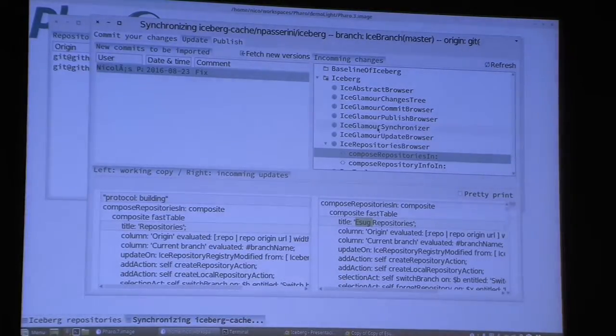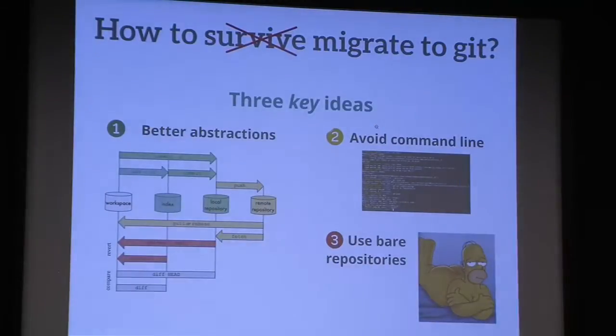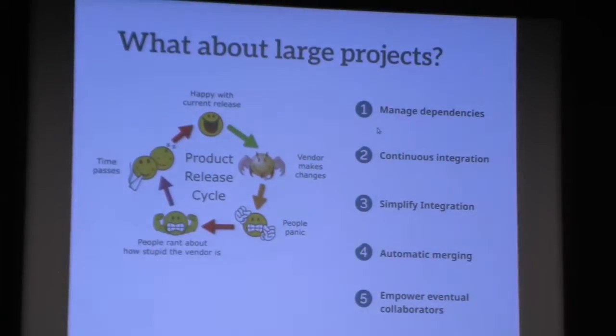And then I should merge, and if there is a conflict, it should raise a merge window, using the same merge window that we already have. And then you merge, and then you do a new commit with the merge version. So everything is done in the image. I don't have much time, but I am more or less ready.